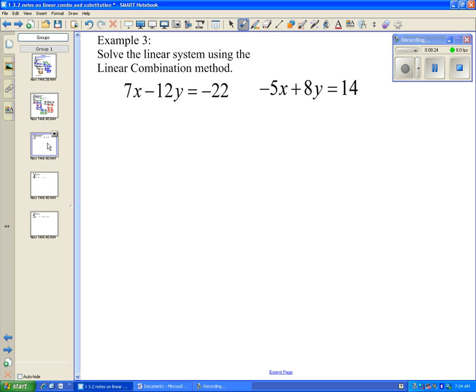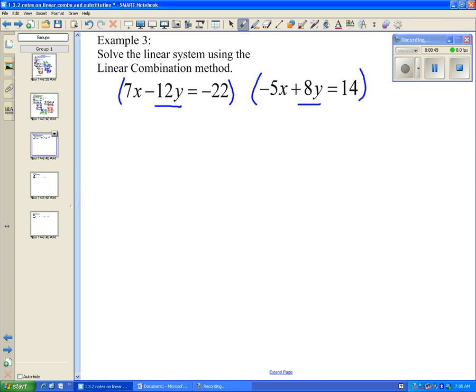So what I have to do instead is multiply both equations by different numbers, so I get the same x value or y value. I'm going to choose to cancel out my y values. I think about what's the least common multiple of 12 and 8.